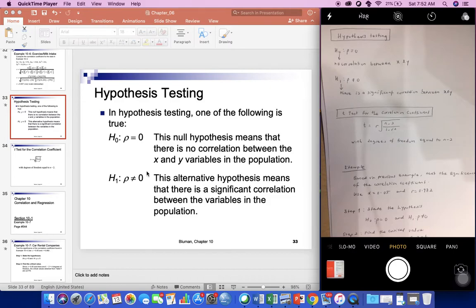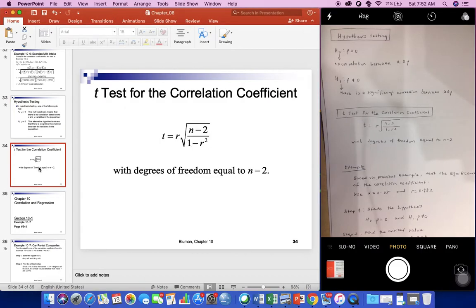Here you can see this one uses equal and this one is not equal. What is the meaning of not equal? Not equal means that this is a two-tail test. So in hypothesis testing, we have the t-test for the correlation coefficient.